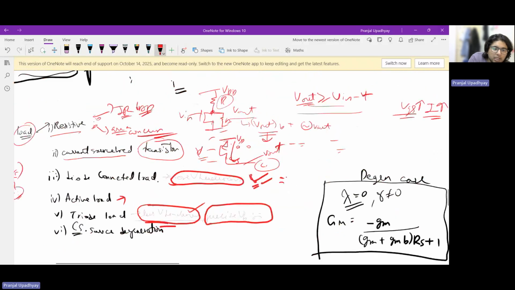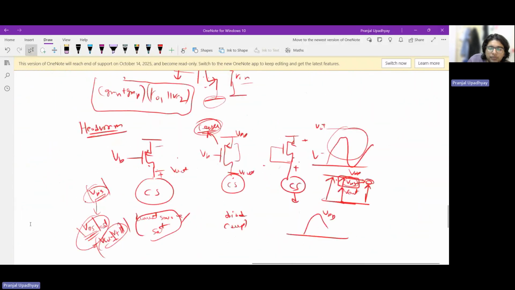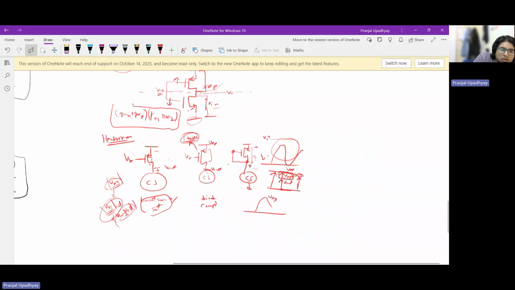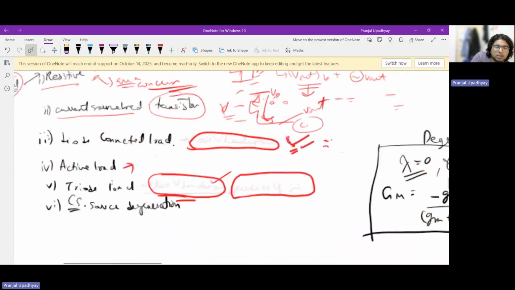But again, in the diode connected load, the freedom is also not there, because these two terminals are shorted with each other. So on the basis of the output swing, the VDsat decides the minimum VD, so the output is fundamentally limited. But here you can still maintain it in saturation and change VB a bit, tune it so that you can maybe get a bit of improvement in your voltage headroom. So that is the basic thing to be said there.